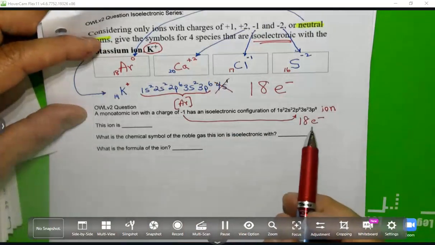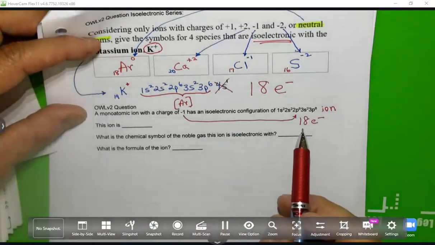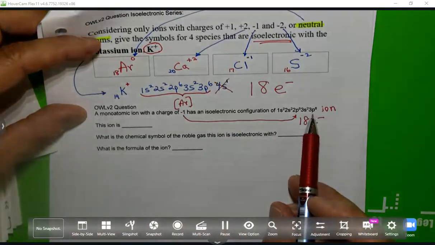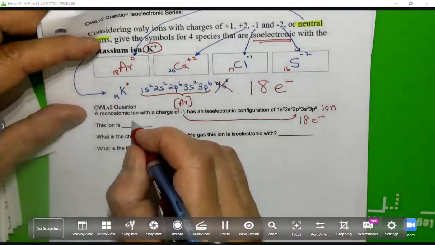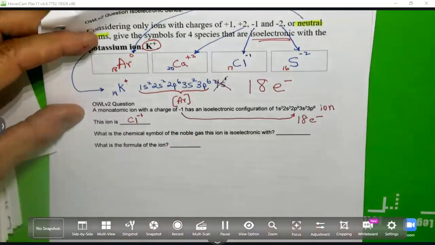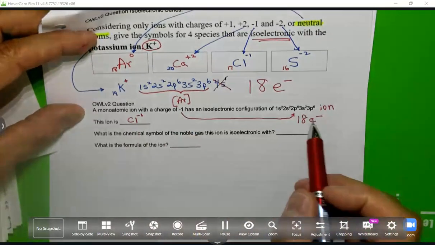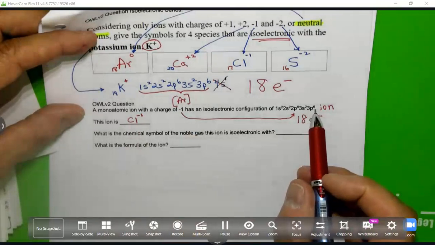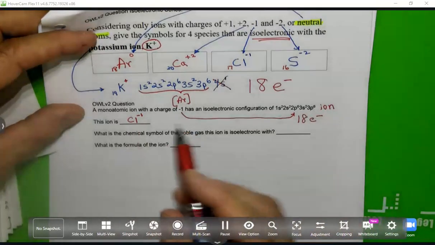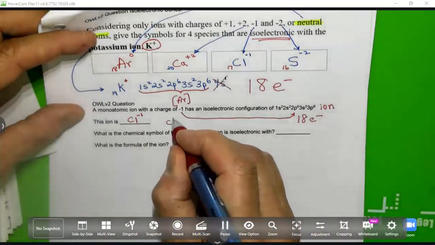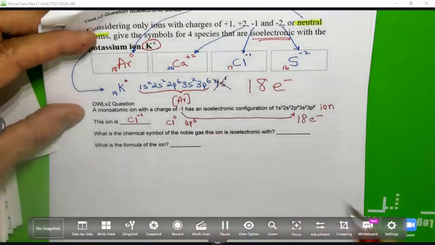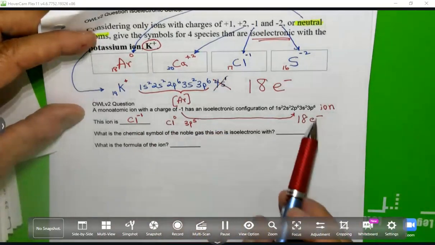The ion has 18 electrons. What does it have to be? If it gained 1 electron, should be chloride, right? This is chloride. Chlorine would be 3p5. It has a charge of -1. So chlorine neutral ends in 3p5. The ion ends in 3p6.